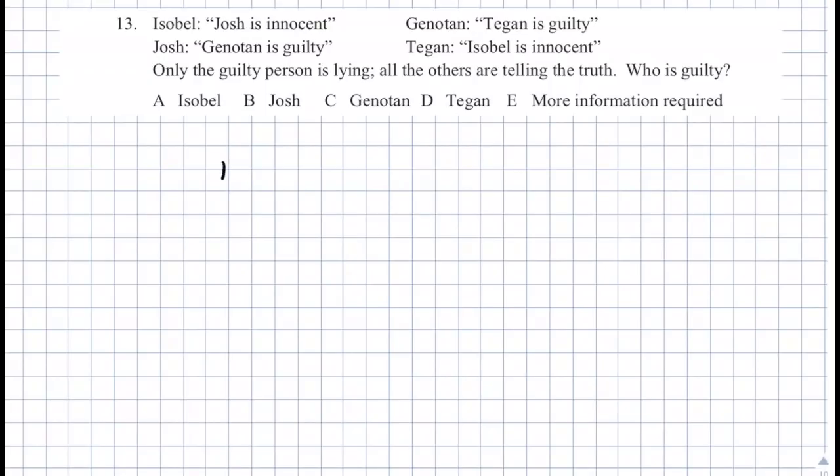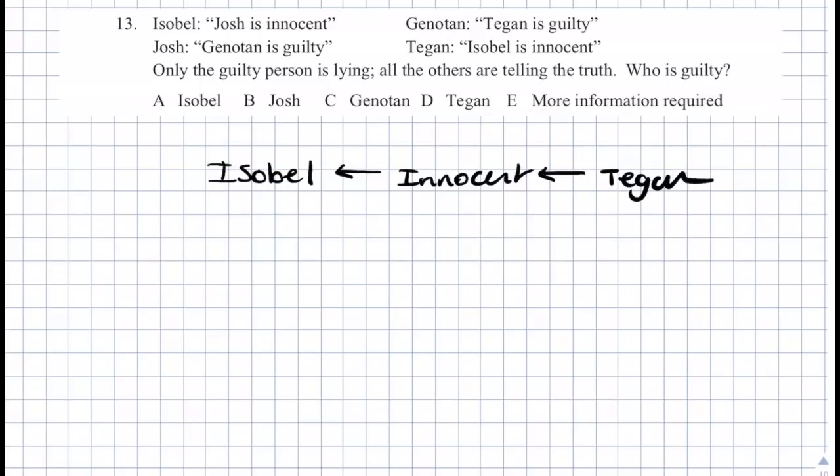So let's start off with Isabel. Isabel is innocent according to Tegan. So that's good, because no one has said that she's guilty. Let's have a look at Jennerton. Now, Jennerton is guilty according to Josh.